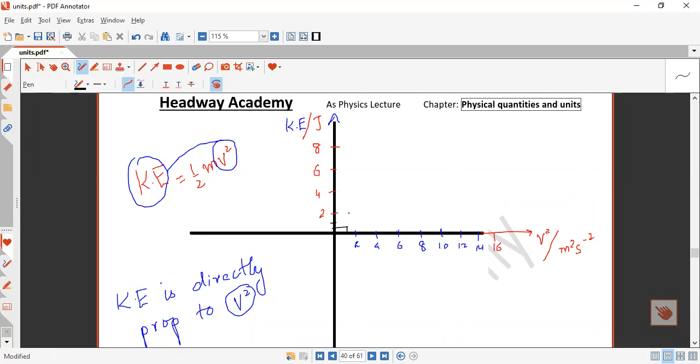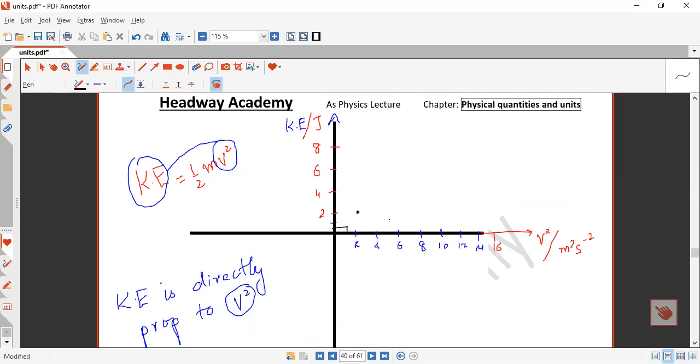And then when the velocity is 2, then the kinetic energy is what? 4 over 2 is 2. So here is our next point, right?